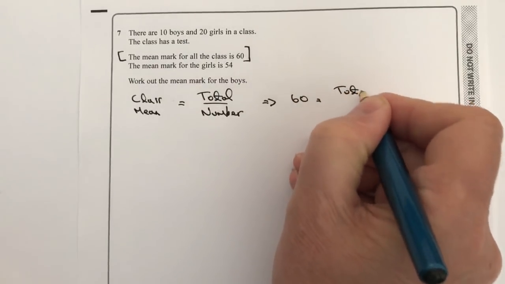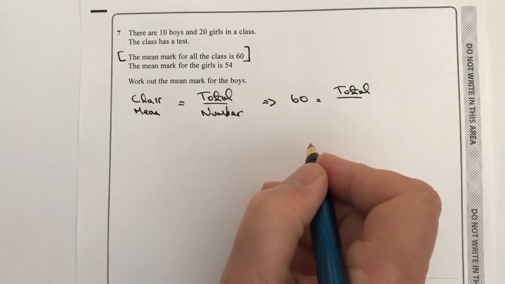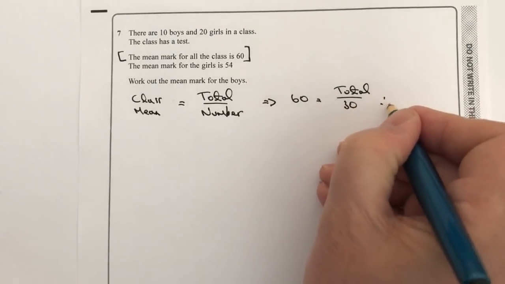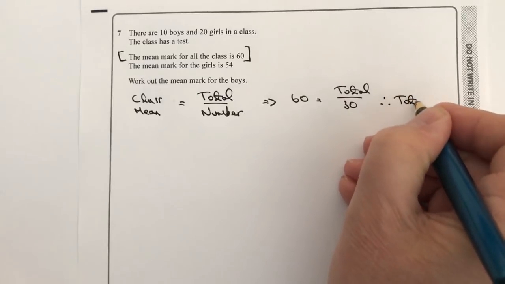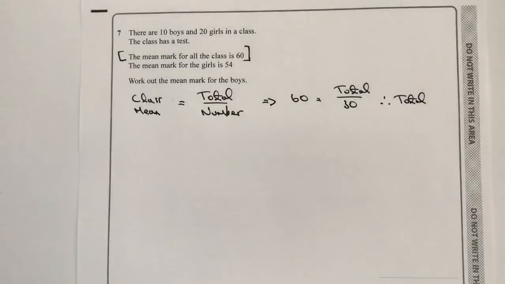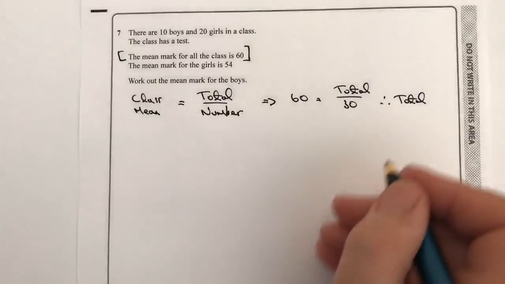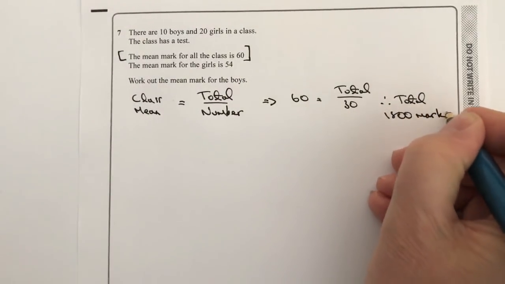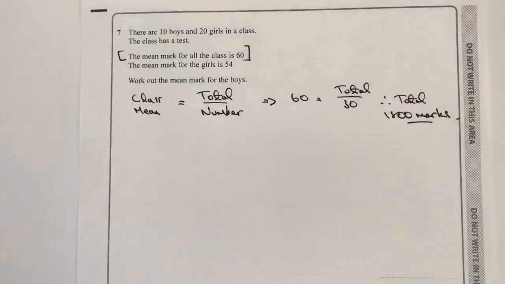The total I'm trying to work out, and the number of students in the class is 30 altogether. And I put therefore the total must be 60 times 30, which is going to be 1800 marks. So all of the students altogether were awarded 1800 marks.